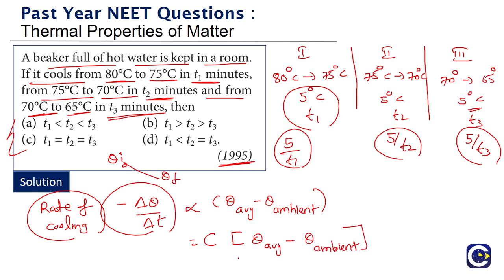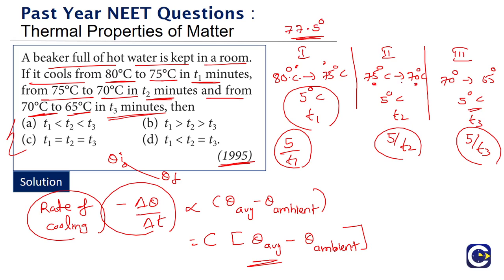Here they have not given us the average temperature, and they have not given us the ambient temperature. How do you find the average temperature? In case 1, the temperature of the object changes from 80 to 75, so the average is 80 plus 75 by 2, which is 77.5.